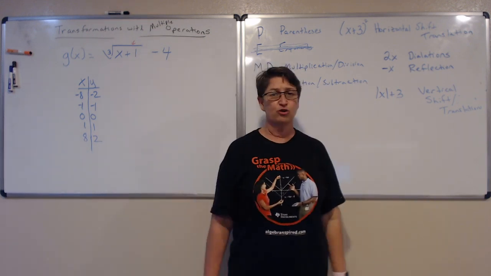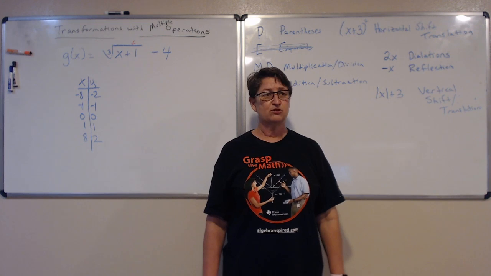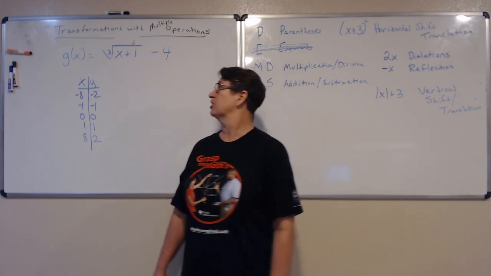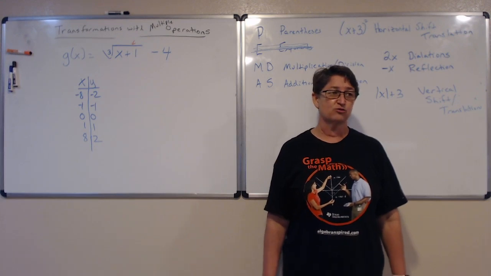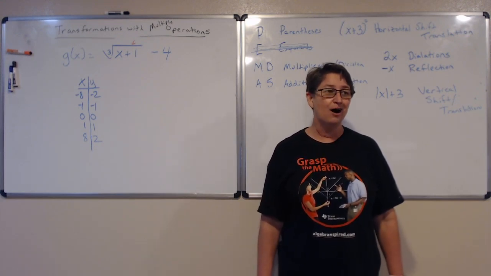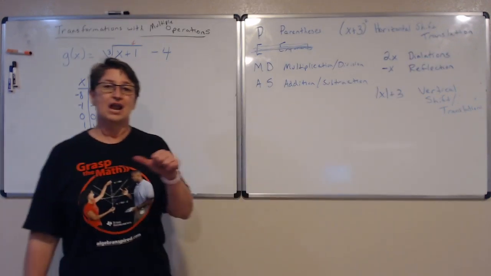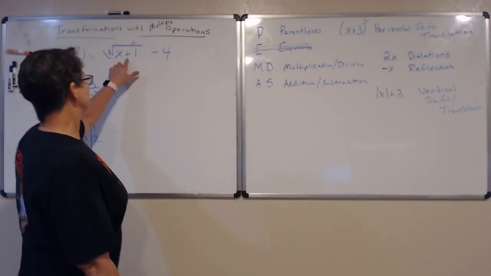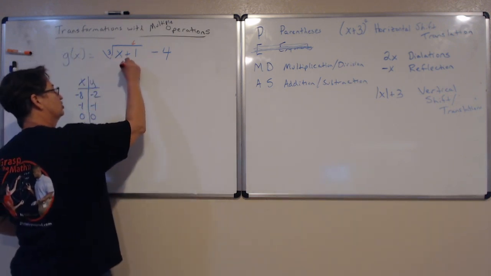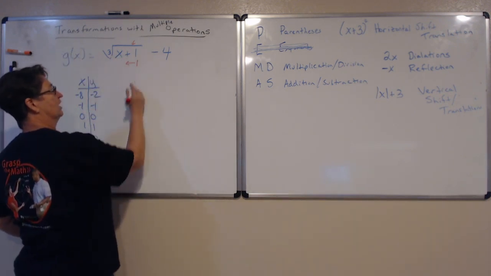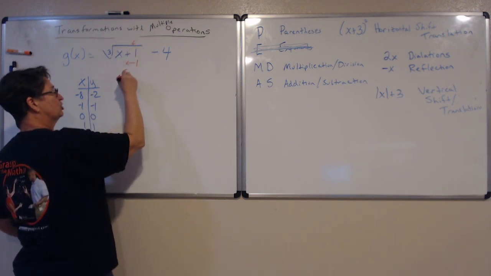And you know your x's, you know that they lie to you. So we're thinking that it needs to go this way, but no, those x values always lie. Always. So instead, it's going to go to the left 1. This is going to shift it to the left 1.